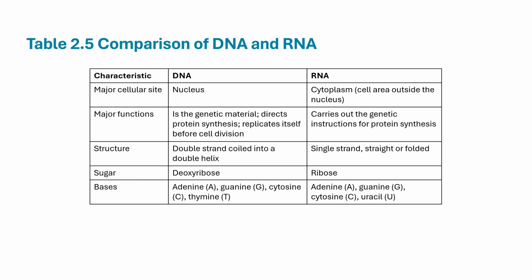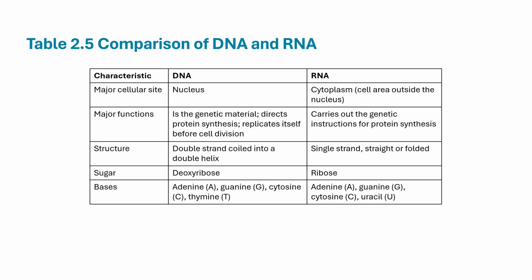So here's a little chart to kind of put it all into perspective. DNA versus RNA. The major cell site, DNA is going to be in the nucleus. RNA is going to be more in the cytoplasm, outside the nucleus. The major function of DNA is genetic material, directs protein synthesis, replicates itself before cell division. RNA carries out genetic instructions for protein synthesis. DNA structure is a double-stranded helix.